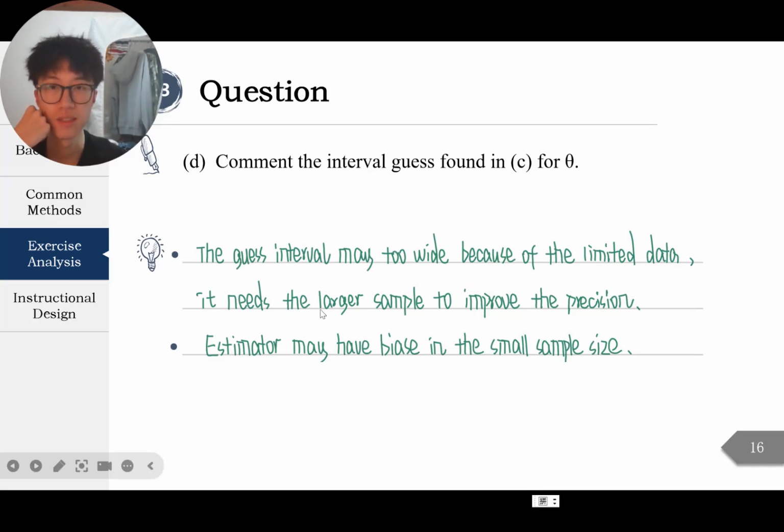So it needs a larger sample to improve its precision. And on the other hand, the estimator may have bias in a small sample size. Okay, the above information is all three problems. Yes, so let's finish the class.